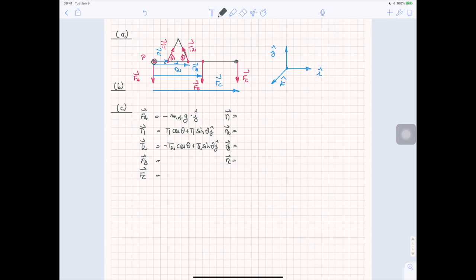And then FB is minus MB g j, and FC is minus MC g times j. So now for R1 we have L1 i, L2 i, LB i, and LC i.